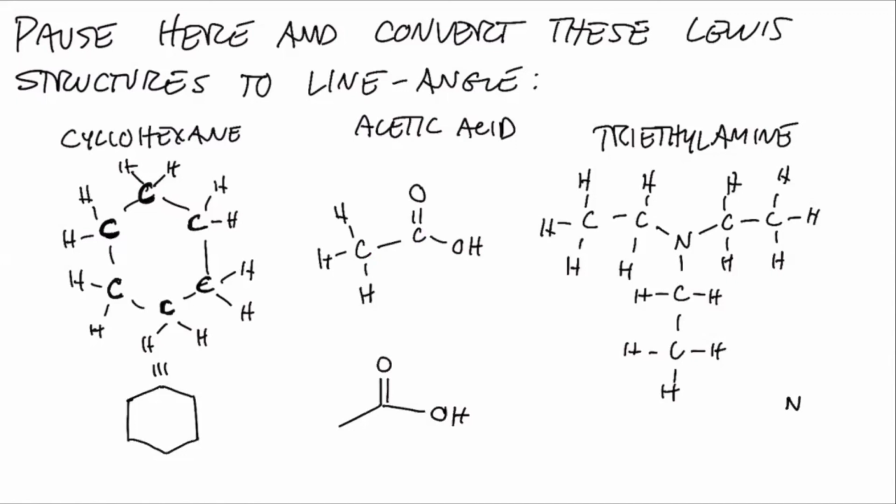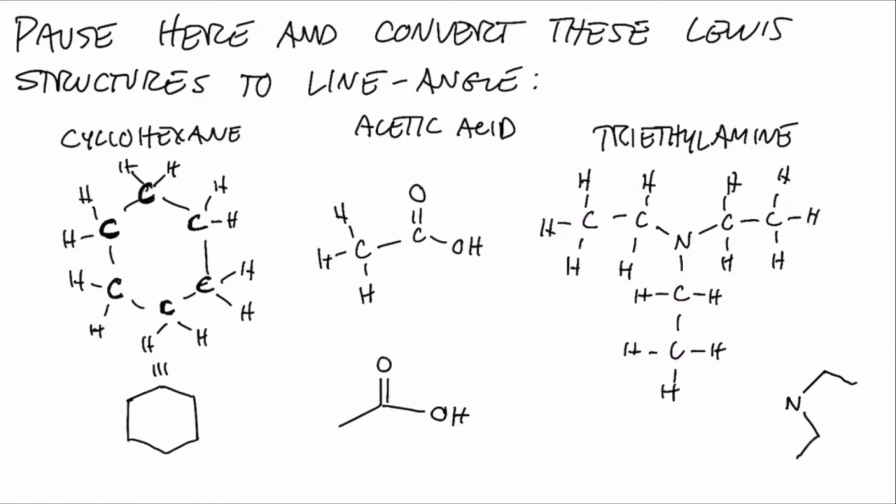Again, we have to draw that in. We can't simplify it. And then on each side of that nitrogen, it seems like we have 3 of these CH2, CH3 groups, right? CH2, CH3, CH2, CH3. So those are very symmetric, which means that we can pretty much just simplify those to CH2, CH3 groups that look something like this. So here's CH2, CH3, a little wobbly on that one, that's okay.